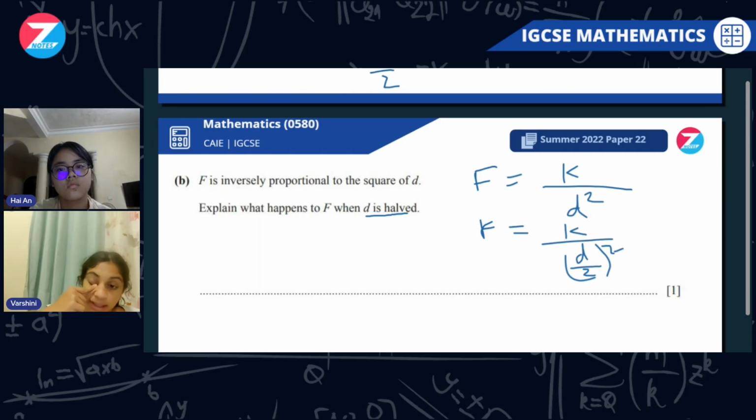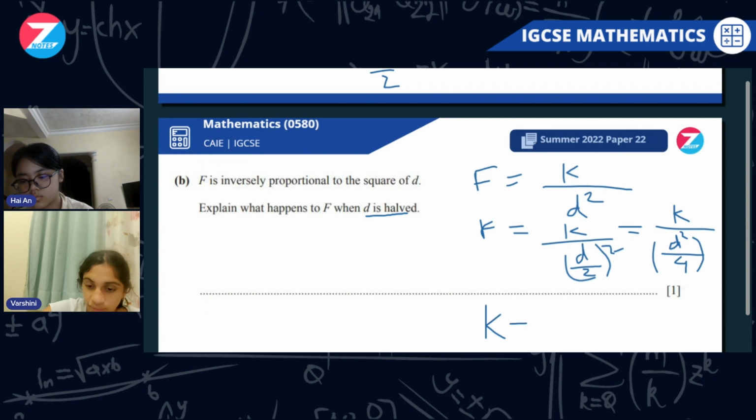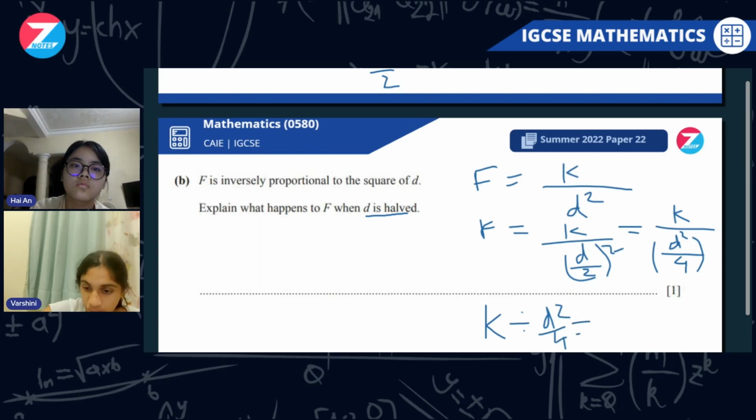Again, if we rewrite this and expand this, we know that d by 2 squared is going to equal k divided by d squared divided by 2 squared, which is 4. And for whenever you divide by a fraction, it's nothing but multiplying by the reciprocal. So it's going to be k into 4 by d squared. Now we don't really care about d squared.